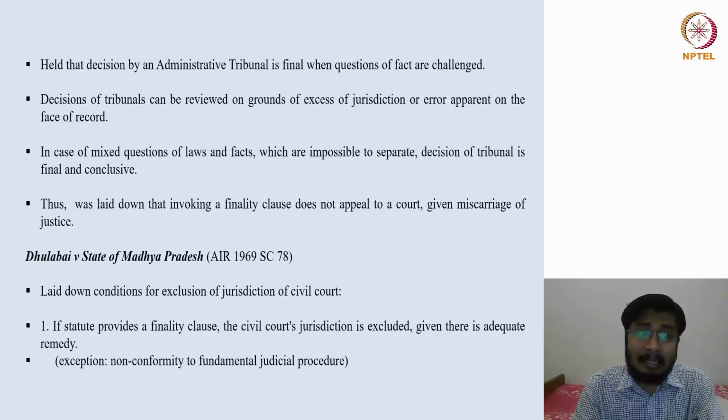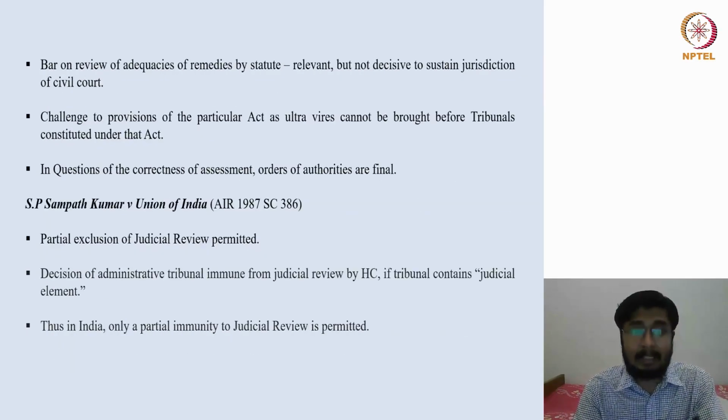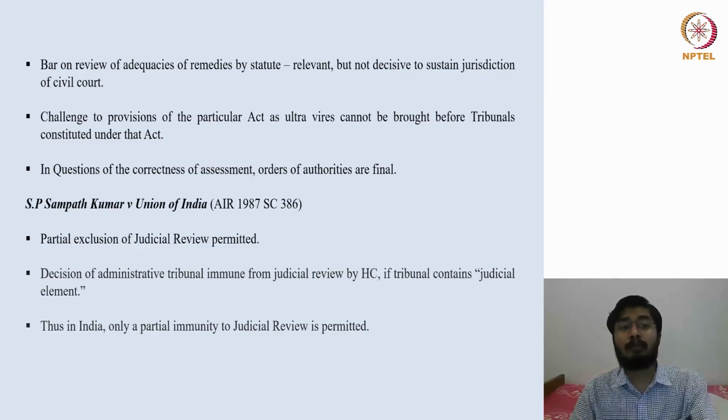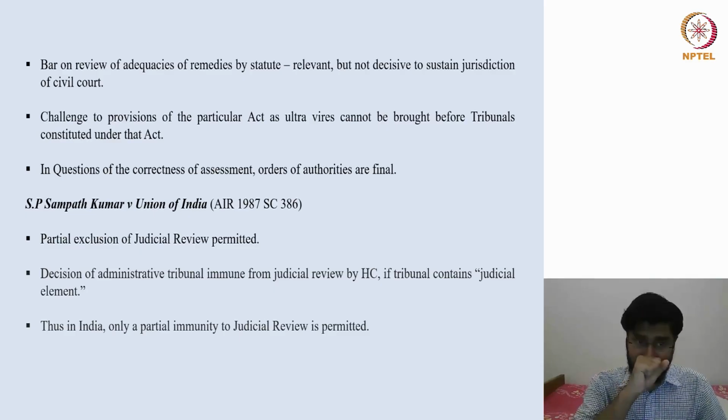Next, in this very case, there was a bar on review of adequacies of remedies by statute; it is relevant but not decisive to sustain jurisdiction of a civil court. Next, in this same case, the challenge to provisions of the particular act as ultra vires cannot be brought before tribunals constituted under the act.